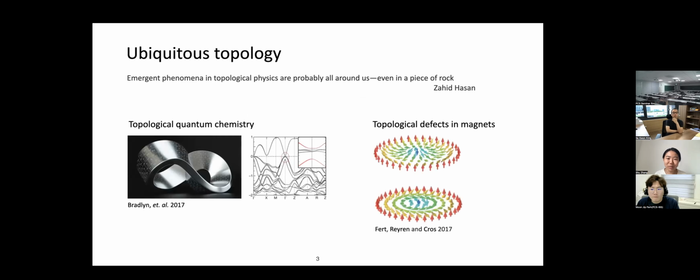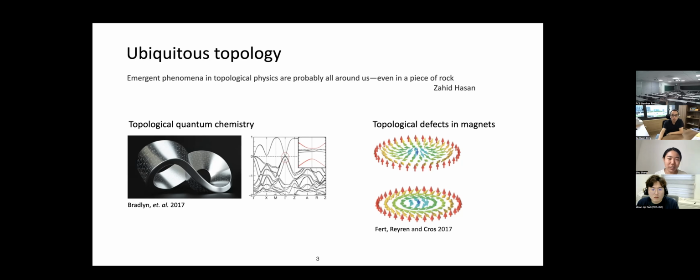As we know, topology is a ubiquitous phenomenon. As Hassan said, emergent phenomena in topological physics are probably all around us, even in a piece of rock. The rock can be a magnet or quantum material nowadays. So for people working with band topologies, the more familiar type is probably the twisted band structures of electronic bands.